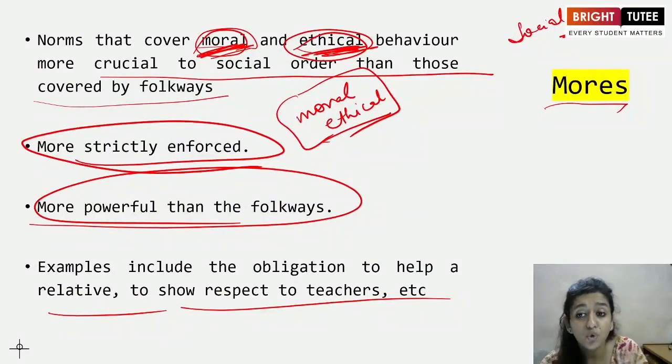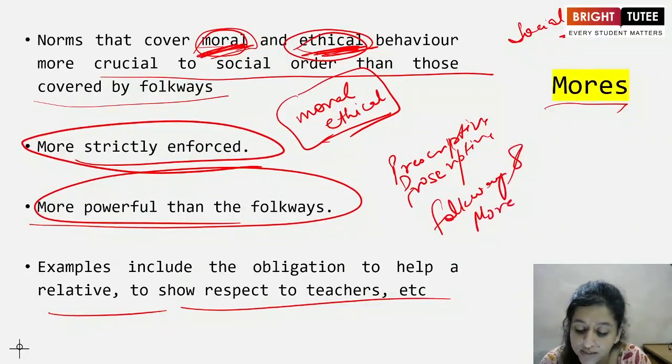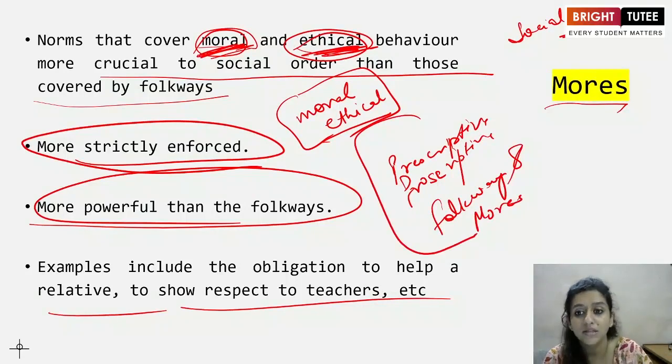These are the two ways of distinguishing, or the two different ways of having social norms. One was the prescriptive and the proscriptive social norm, and the other one being the folkways and the mores. So these are the two bases of distinguishing between different social norms.